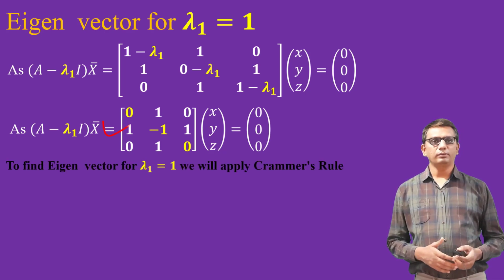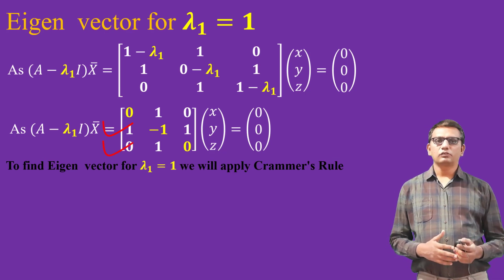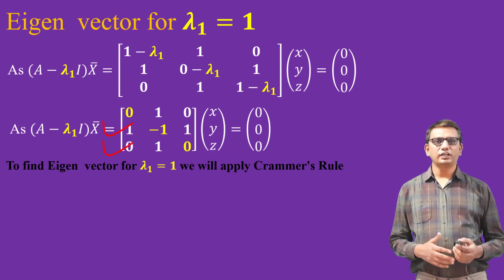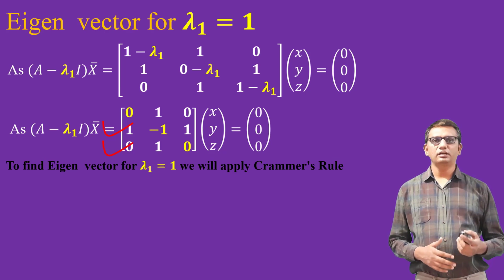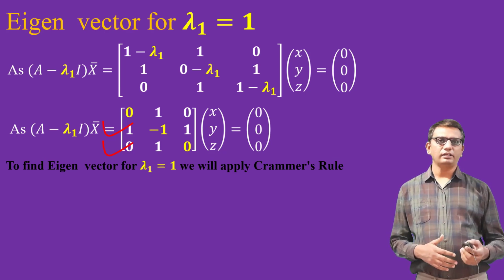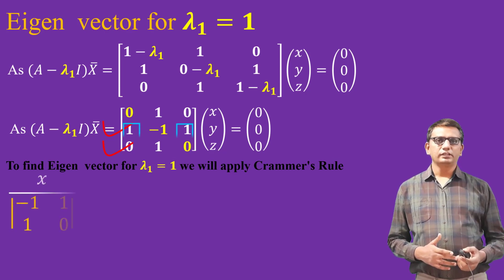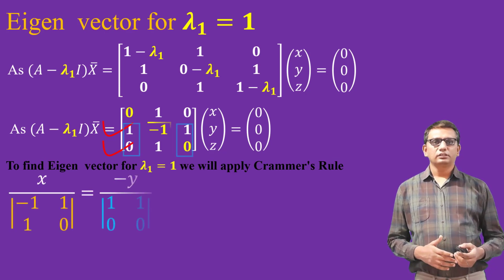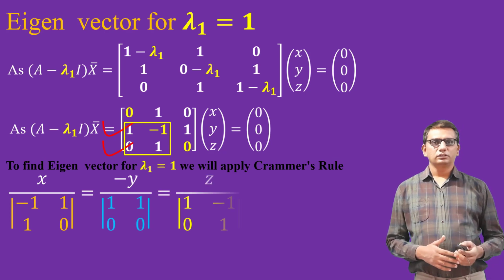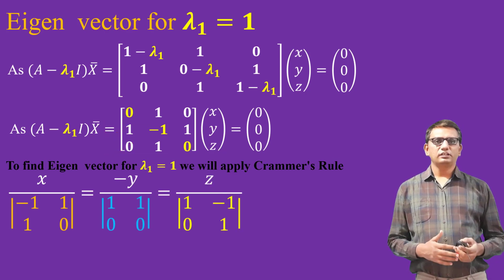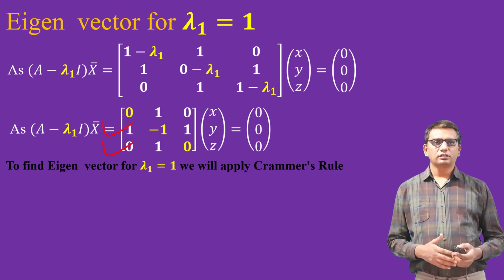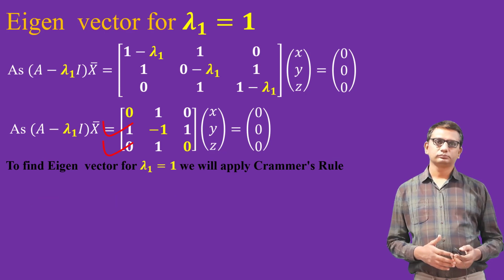Here we are applying Cramer's rule for finding the eigenvectors. So we are taking the second and third rows. You can also take the first and second rows, but you can't take the first and last rows. So finally, after taking these two rows, we get x upon the first determinant, y upon the second determinant, z upon the third determinant.